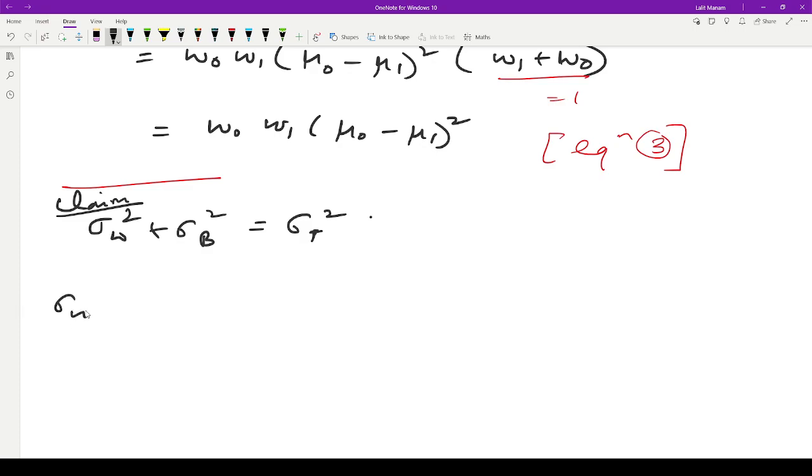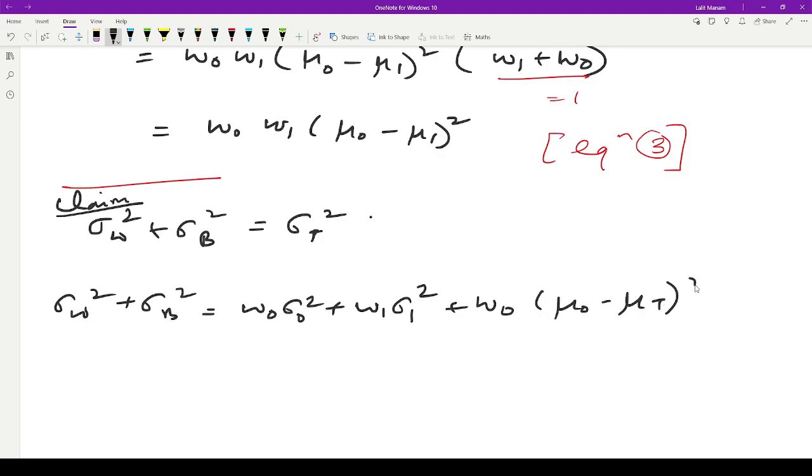So I'll just expand this from the definitions that we have. For within class, we have W0 sigma naught square plus W1 sigma 1 squared plus W0 mu naught minus mu t whole square plus W1 mu1 minus mu t whole square.